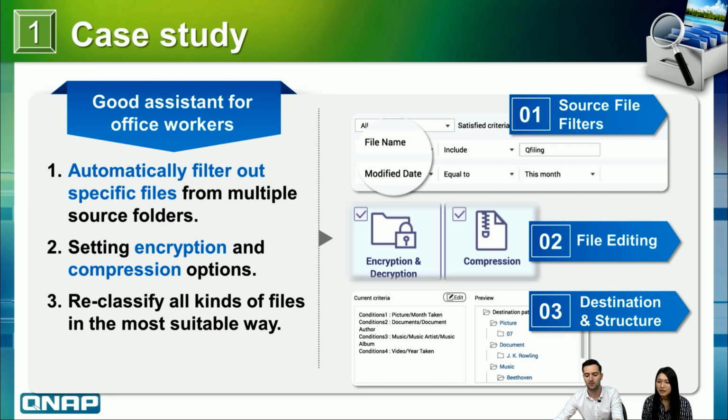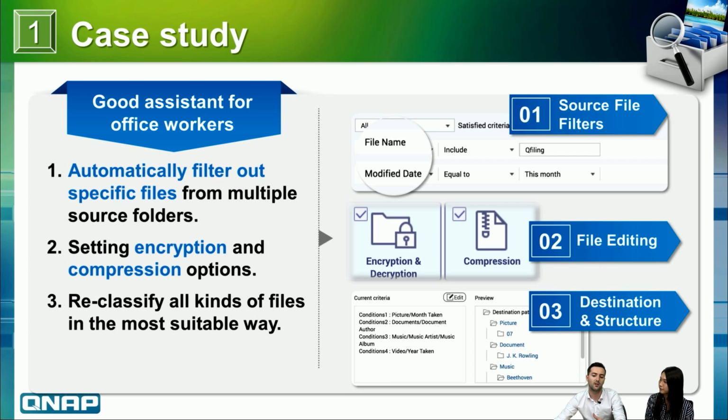And you can reclassify all the files in the most suitable way, choosing the destination structure, like the documents being reorganized by document type, the PDFs in one folder, and the PowerPoints in another folder.